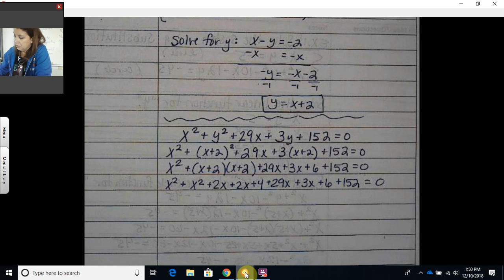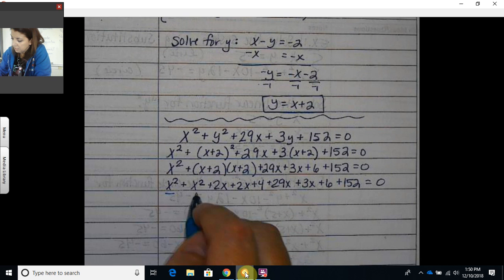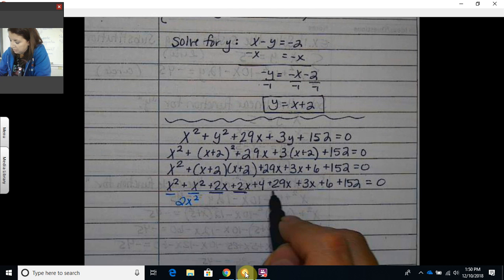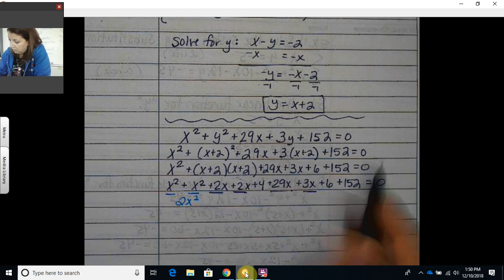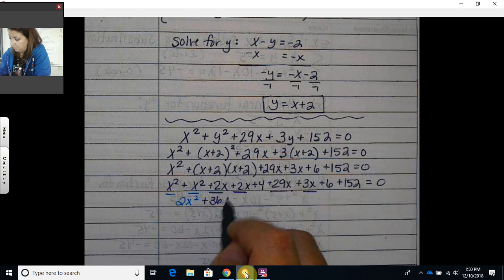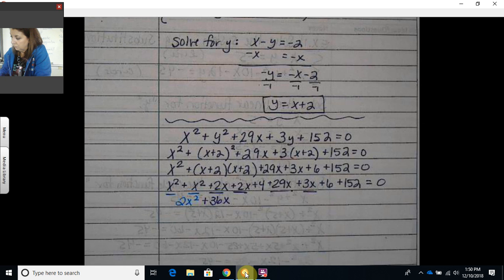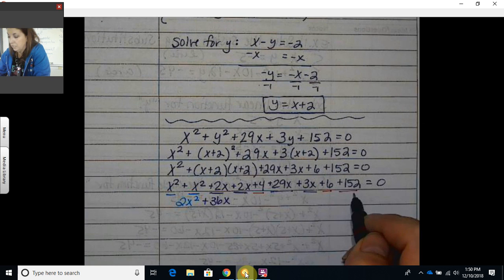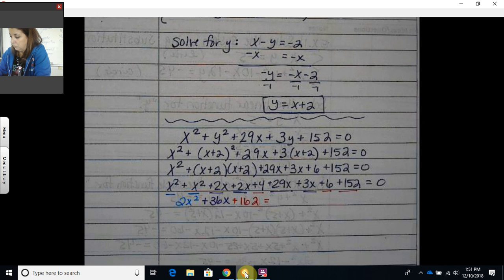I have x squared plus x squared is 2x squared. 2x plus 2x is 4x plus 29x is 33x plus 3x is 36x. And then 4 plus 6 is 10, and 10 plus 152 is 162 equals 0.